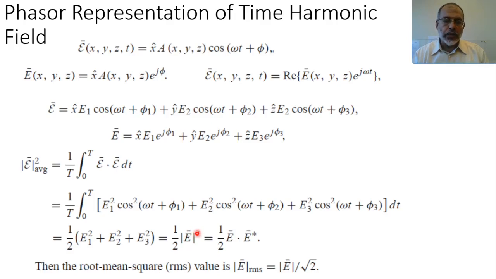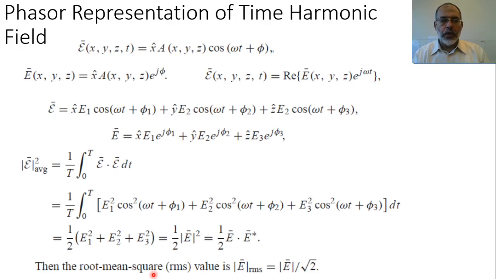In other words, the magnitude of the electric field over the square root of 2 corresponds to what we call the root mean square of the electric field, which is actually the component that corresponds to the power or the energy in the circuit.